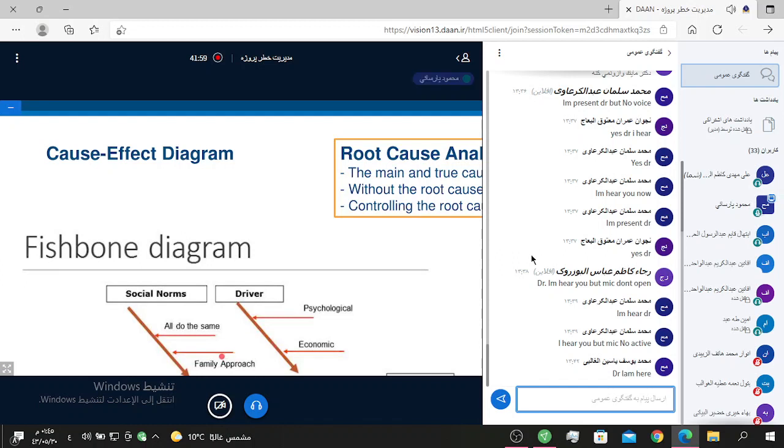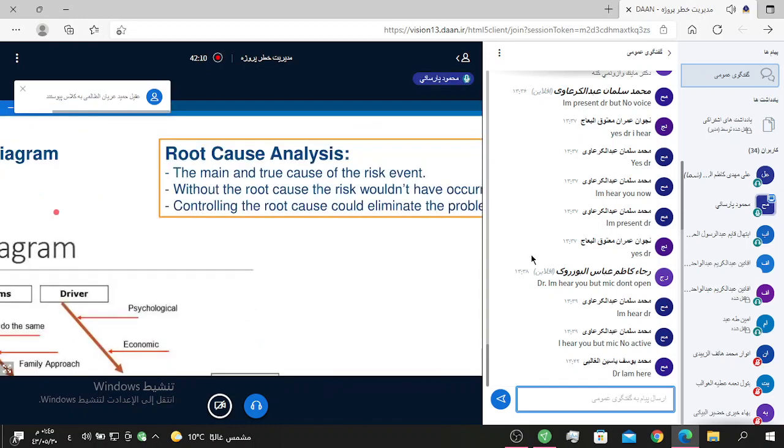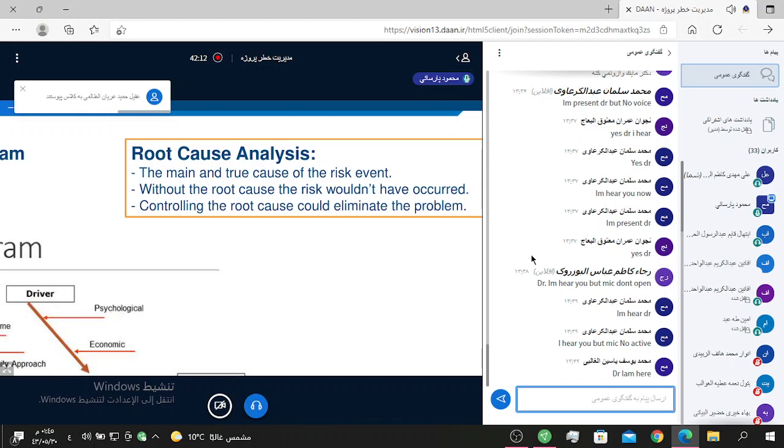Okay. And this is an example of a cause-effect diagram. In the box at the top of the slide, root cause analysis is a technique for identifying risks. First item, the main and true cause of the risk event.